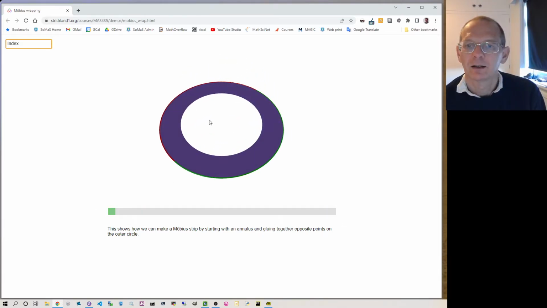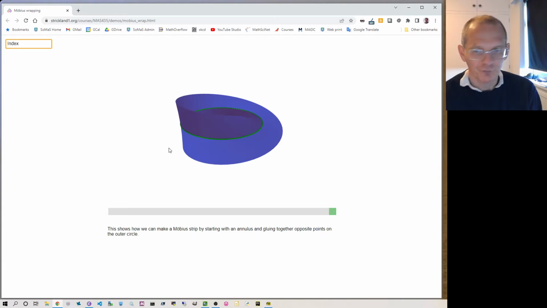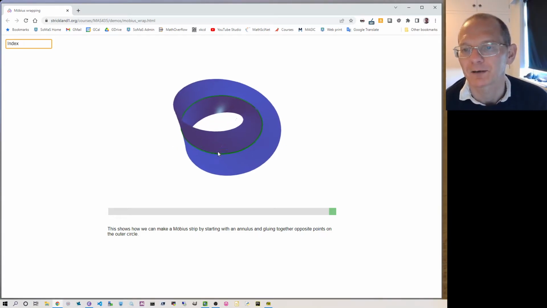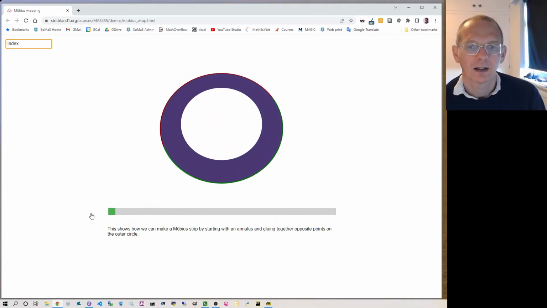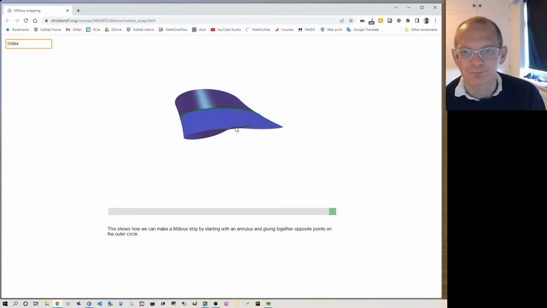We've got a fringe to one side of the arc and a fringe to the other side, and when we glue it together, we get fringes on both sides of the marked circle. Those fringes form this Möbius strip, whereas the inner circle here becomes the outer edge of the Möbius strip.